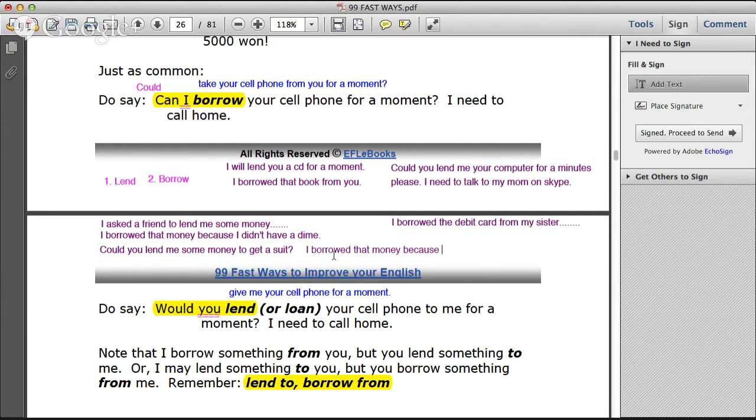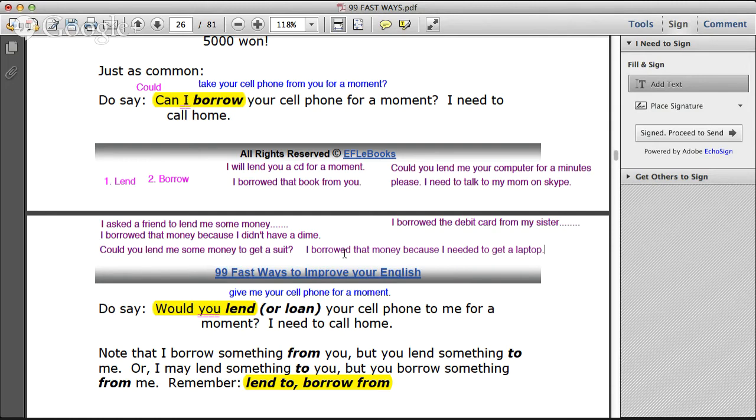I borrowed the money because... Okay, now it's a reason for you. Because I needed to get a laptop. That's great. So I needed to get a laptop. Now, does that make sense?